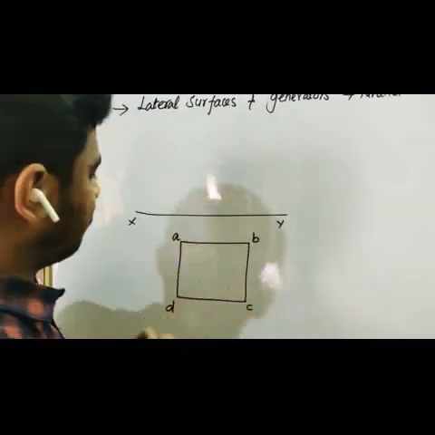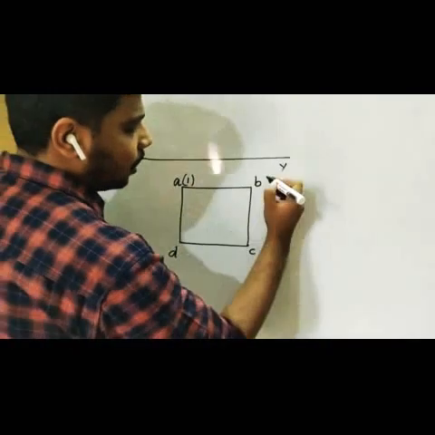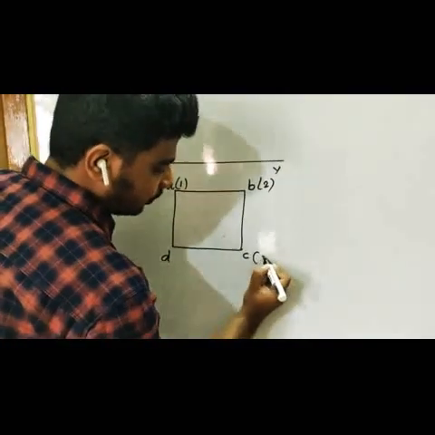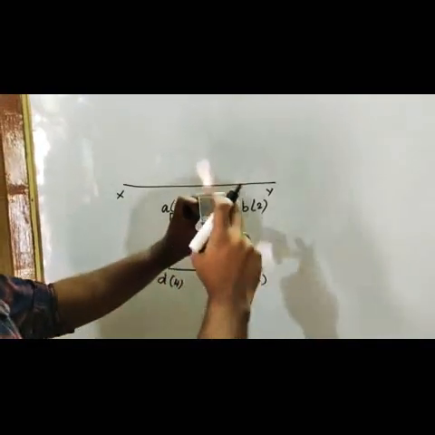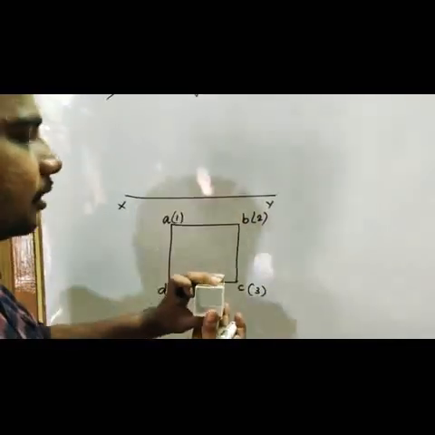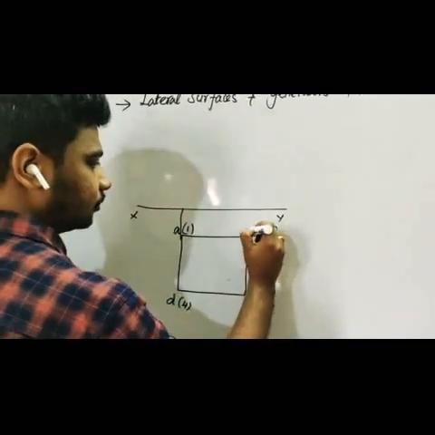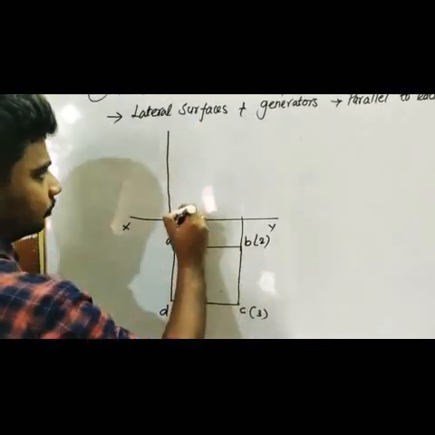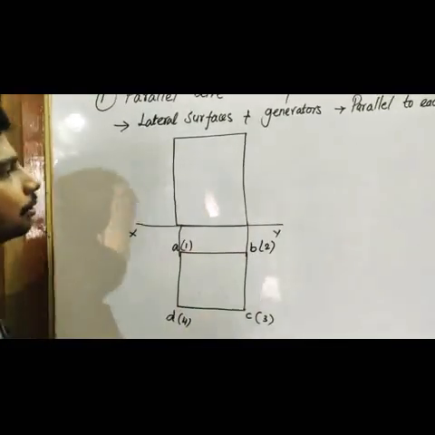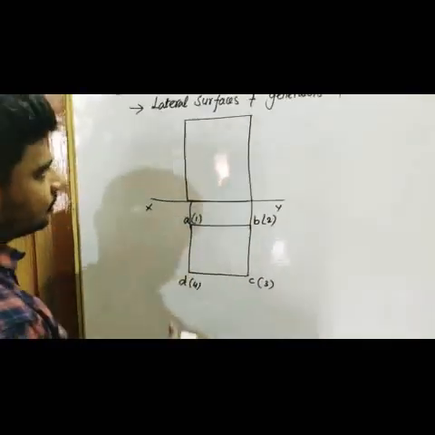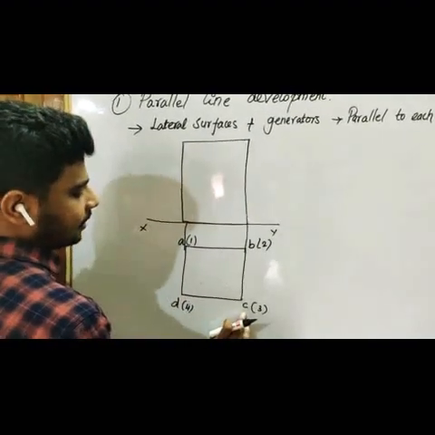On the bottom I have numerals inside brackets, 1, 2, 3 and 4. So A, B, C, D for the top and 1, 2, 3, 4 for the bottom. In the same way I project it to get my front view here.